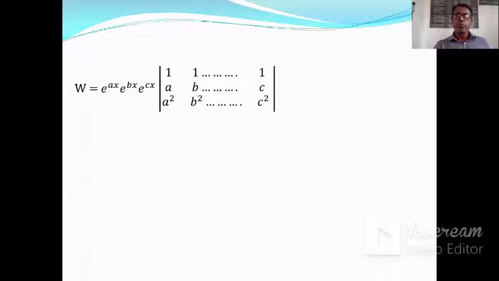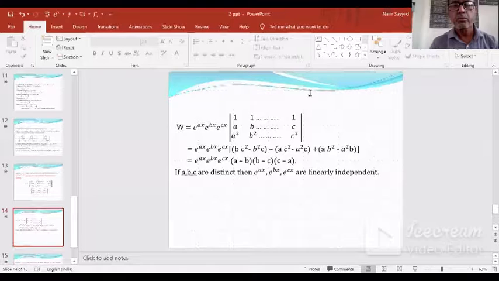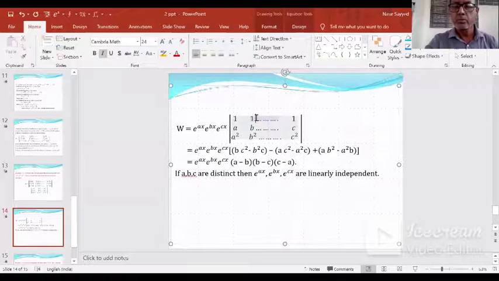Therefore, we get W is equal to e to the power ax, e to the power bx, e to the power cx taken common from each row. We get 1, 1, 1, here a, b, c, and here a square, b square, c square.